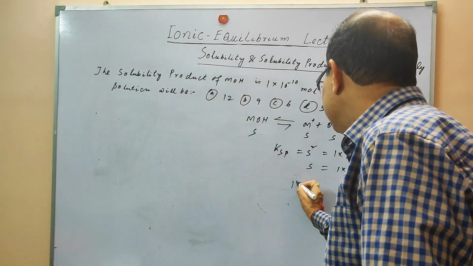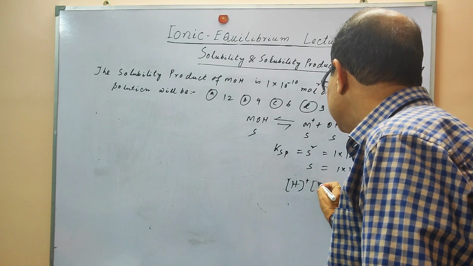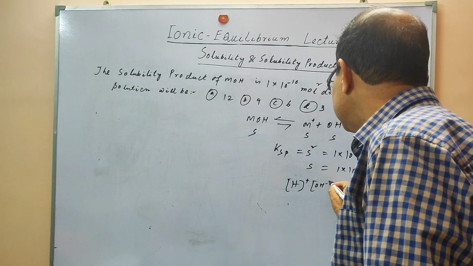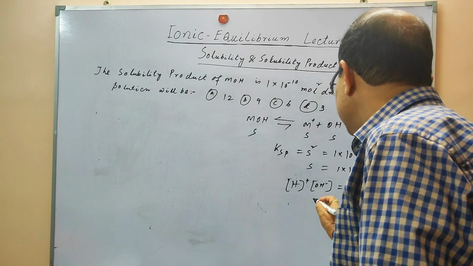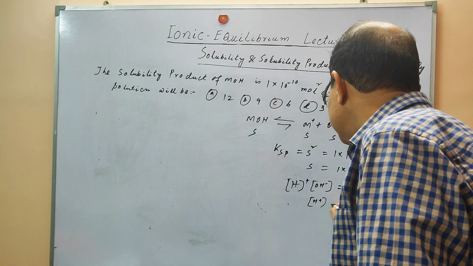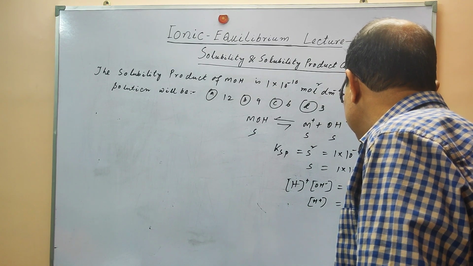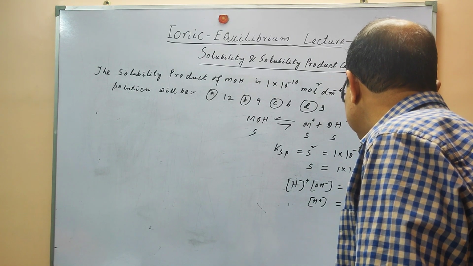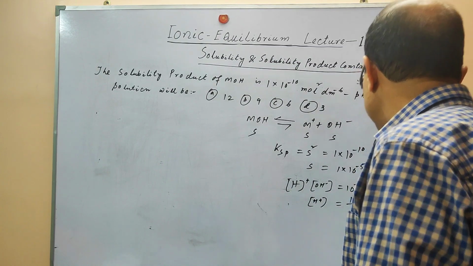We know the ionic product of water is 10^-14. So the hydrogen ion concentration is 10^-14 divided by 10^-5, so we will get 10^-9.